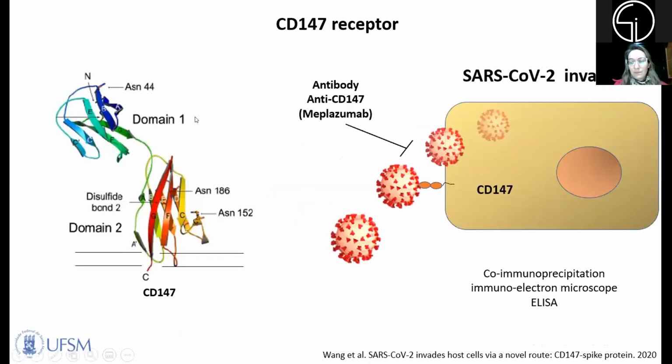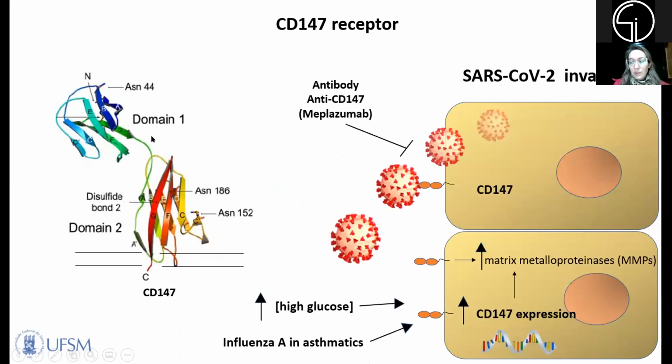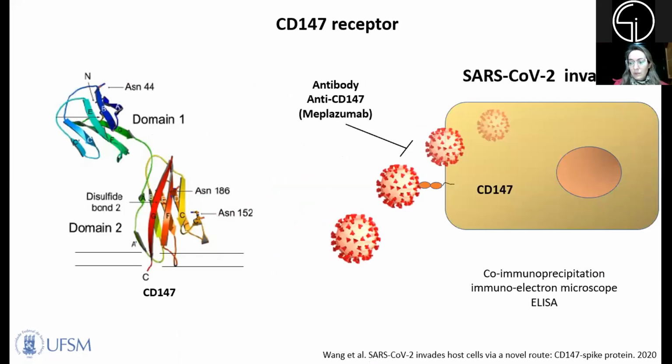This CD147 is a highly glycosylated transmembrane protein of the immunoglobulin superfamily, and it has two domains, domain 1 and domain 2, and has three asparagines here and here that can be glycosylated.